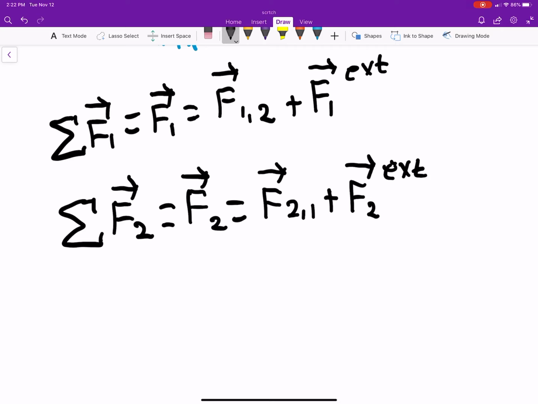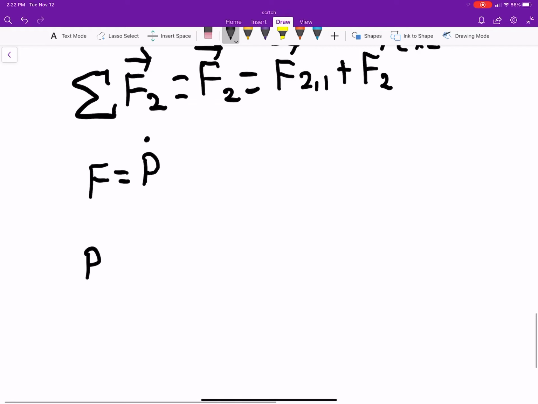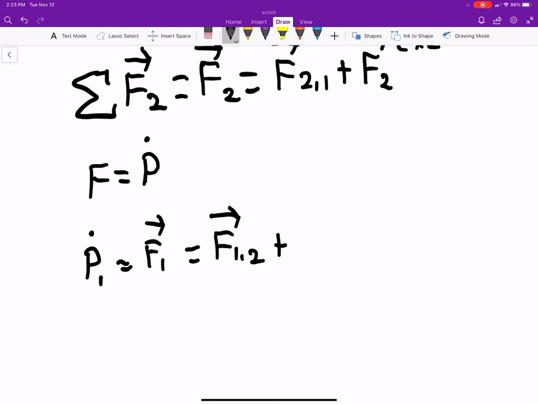Okay. But let's remember, force is equal to the change in momentum, the time derivative of momentum. We talked about that in Newton's second law. That means the change in momentum of 1 is equal to force 1, which is equal to F1,2 plus F1 external.